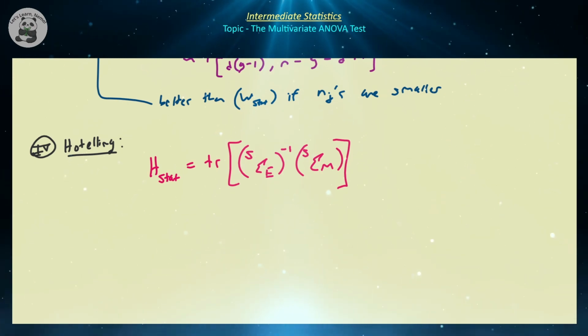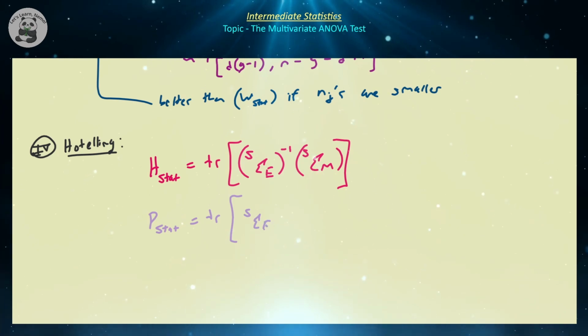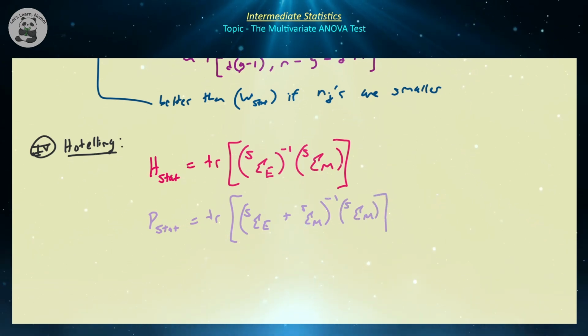And let's actually put them next to each other. So let's look at the Pillai test statistic and the Hotelling test statistic. So we have the trace of S sigma E plus S sigma M inverse, and then we have S sigma M here. Right? So what's the difference between them?